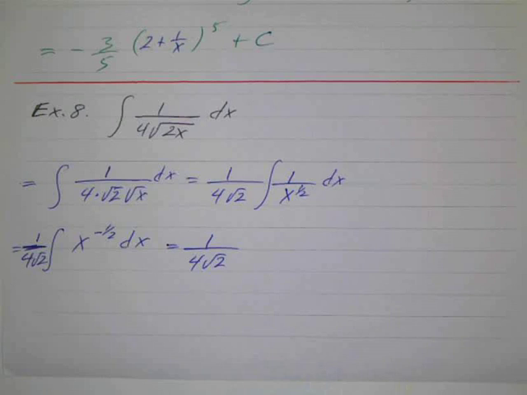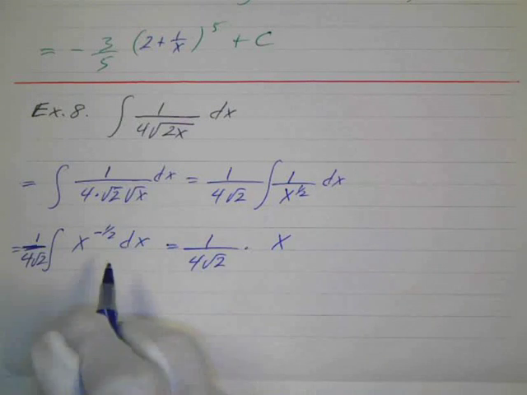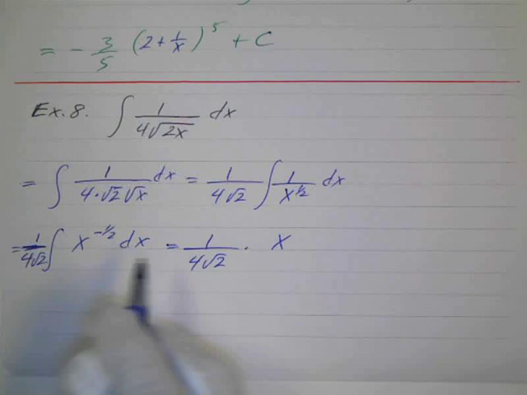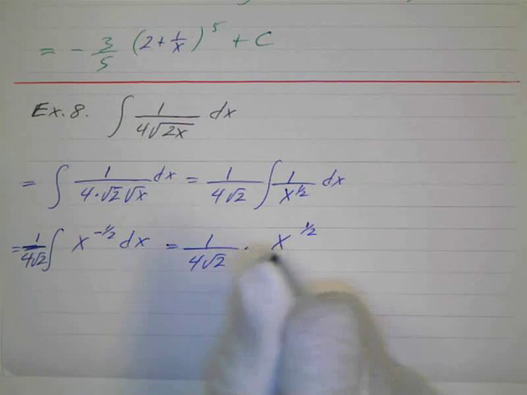So if we add 1 to negative 1/2, we get positive 1/2, and divided by positive 1/2.